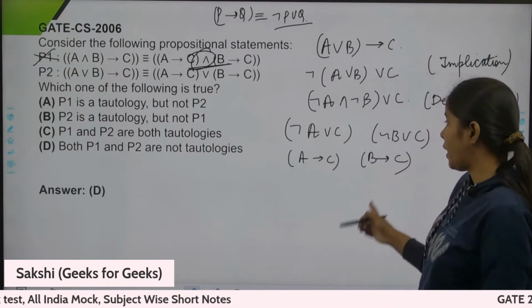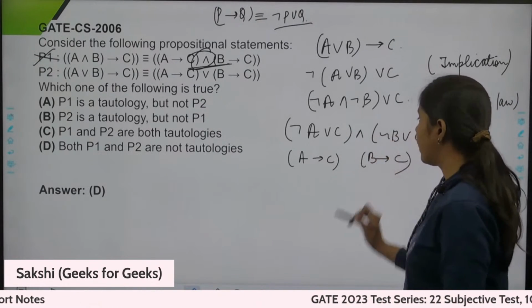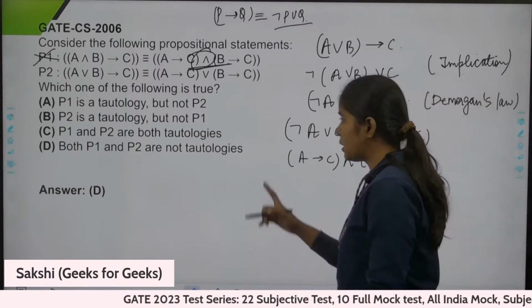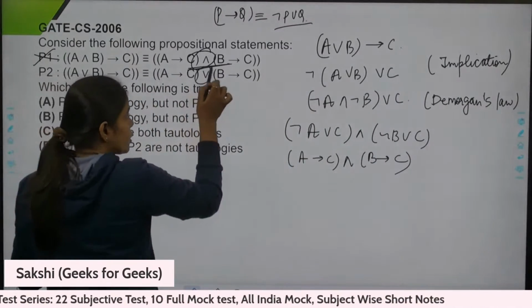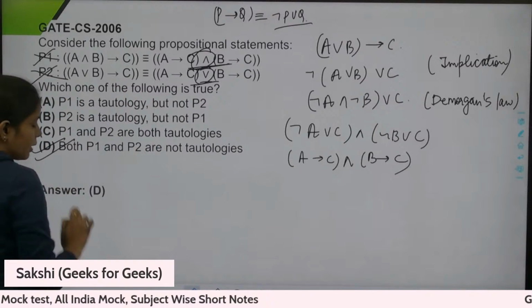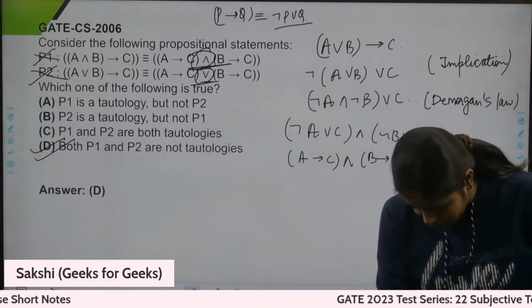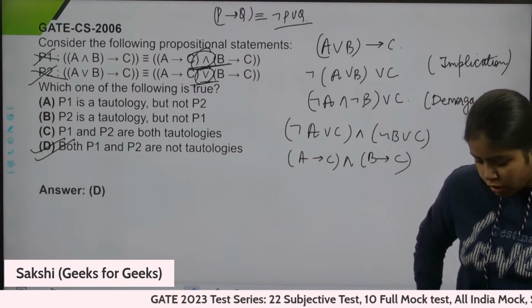Now if I apply the distributive law here, I'll get and here, and I'll get and here. Now you can see that we are getting and here and they have given us or, so that means it is also not a tautology. So option D is correct. Both P1 and P2 are not tautologies, right? Kavya and Harsh, your answer is correct, that P1 and P2 both are not tautologies.